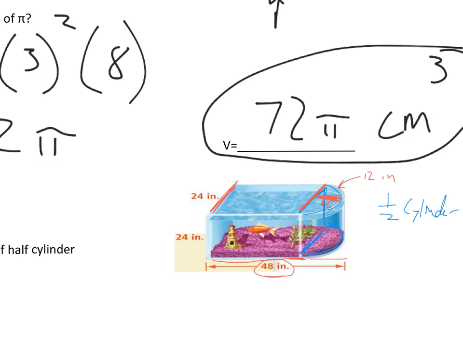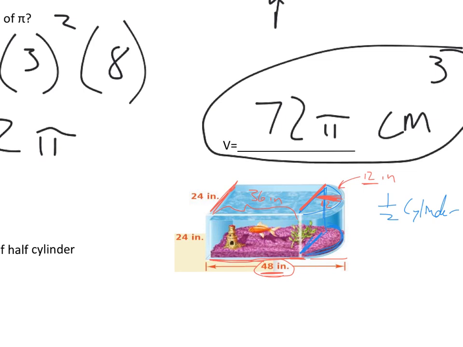The prism doesn't continue all the way out. And so the question then would be, well, what is this length here? Well, if the radius is 12 inches and this entire length is 48, we'll just subtract 12 from 48. So 48 minus 12 leaves us with a prism whose length there is 36 inches.